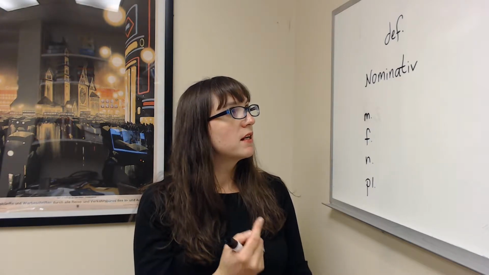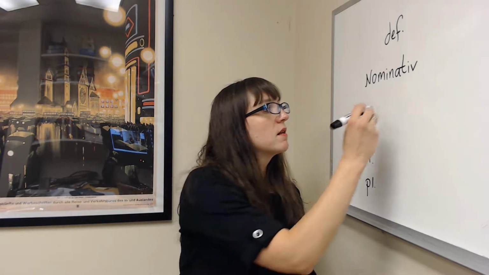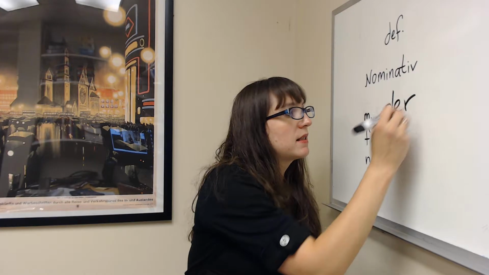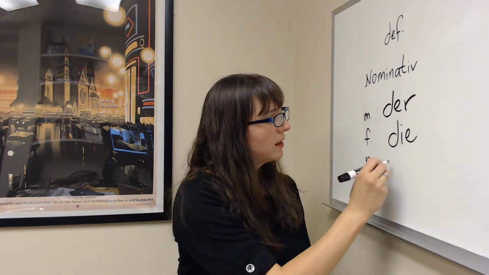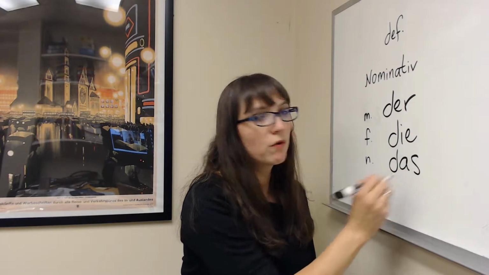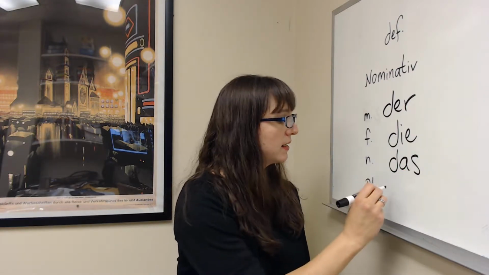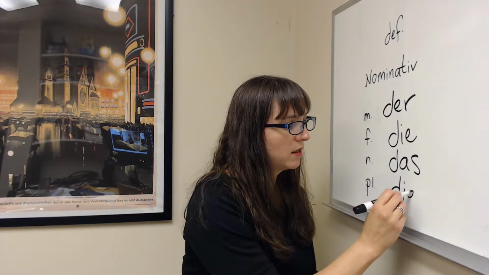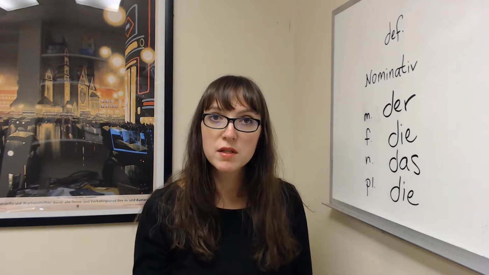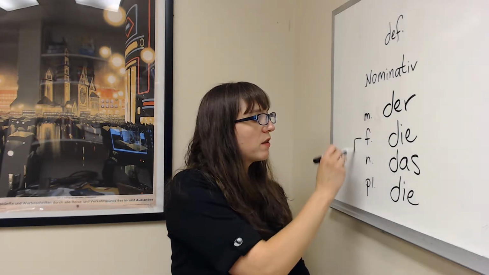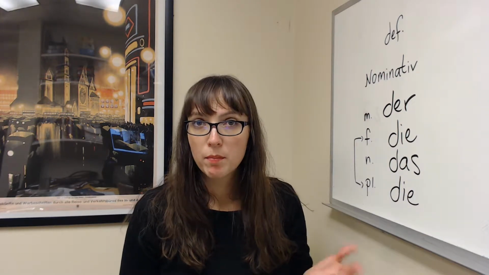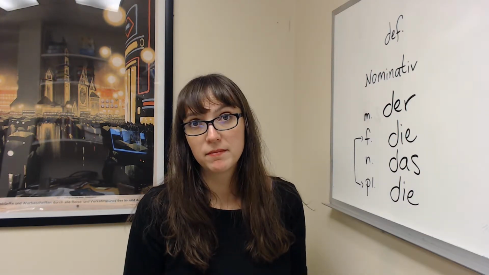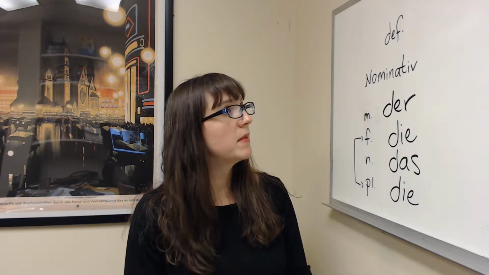So this kind of the is der for masculine, die for feminine, das for neuter, and die again for plural. And you'll notice this pattern repeated a lot, where the feminine form and the plural form are the same. They have the same ending, at least, in many cases.